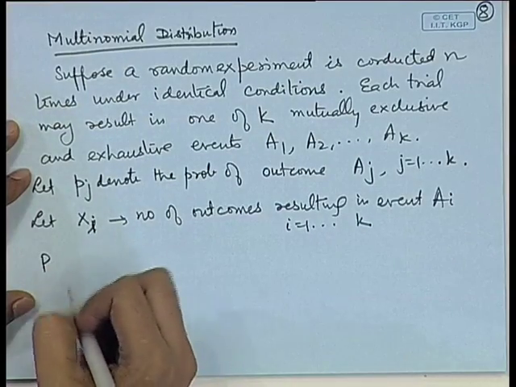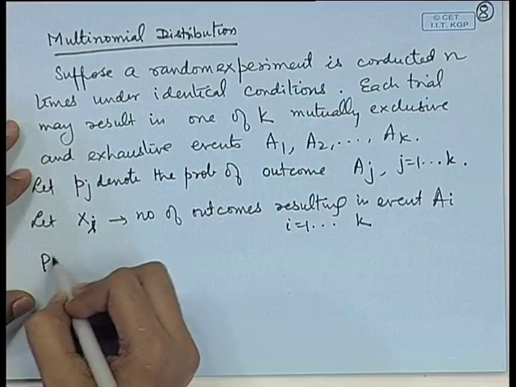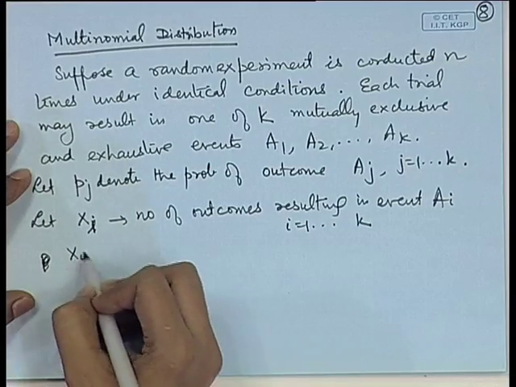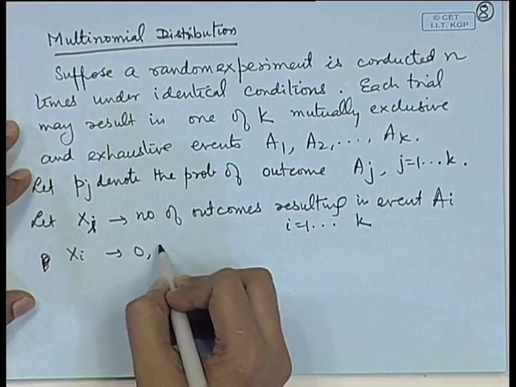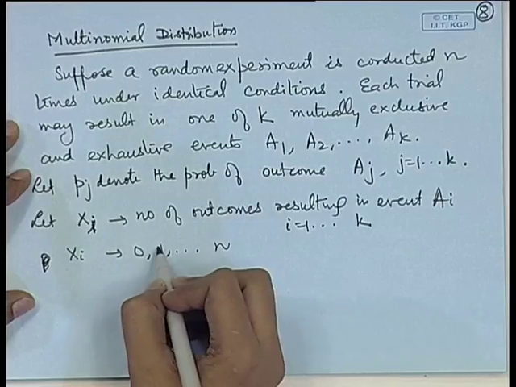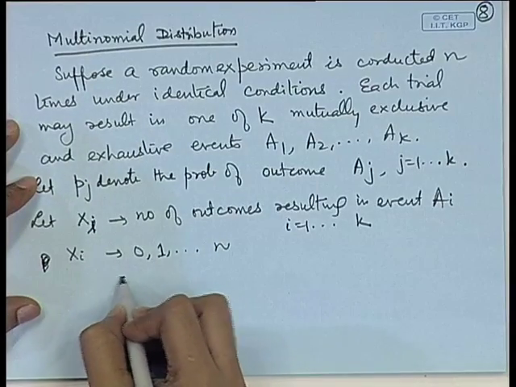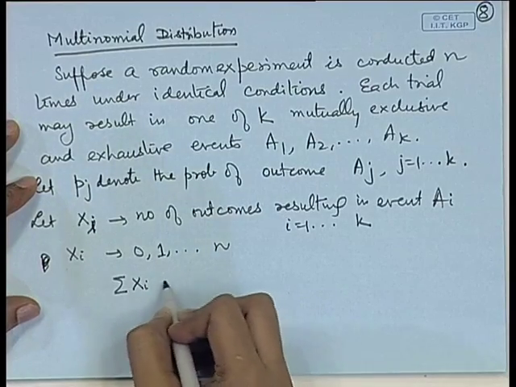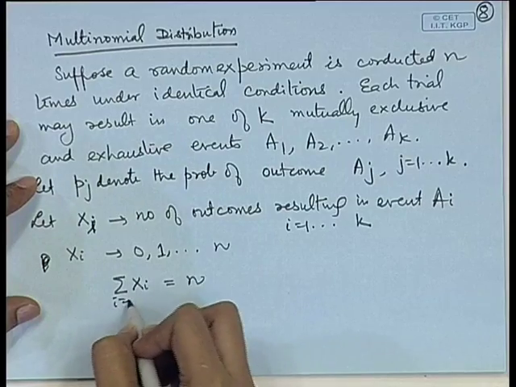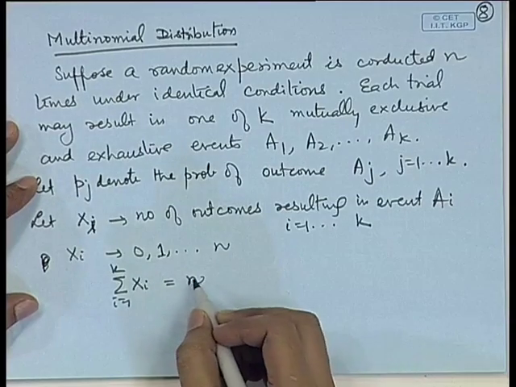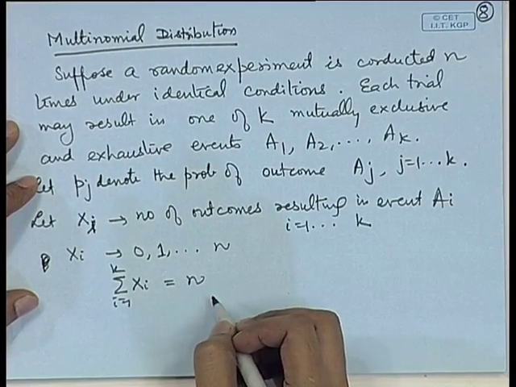Then what are the possible values of x i's? X i's can take values 0, 1 to n, subject to the condition that sigma x i is equal to n, because n is the total number of trials.